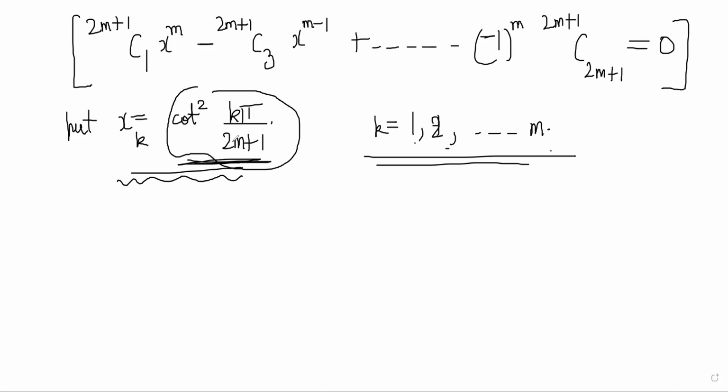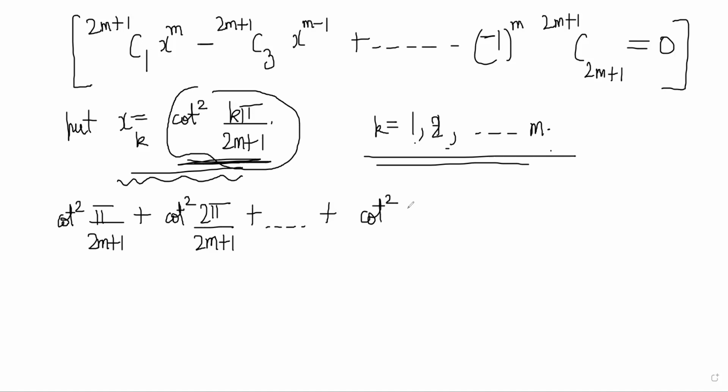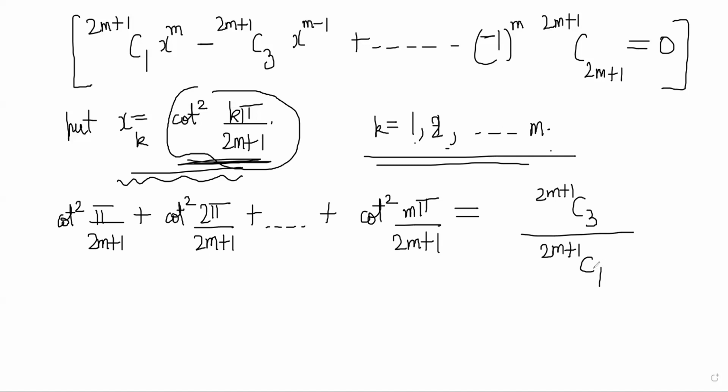So the sum of the roots cot square pi by 2m plus 1 plus cot square 2 pi by 2m plus 1 till cot square m pi by 2m plus 1. The sum of the roots of this equation is clearly 2m plus 1 c3 by 2m plus 1 c1. So basically that is equal to m into 2m minus 1 whole divided by 3.